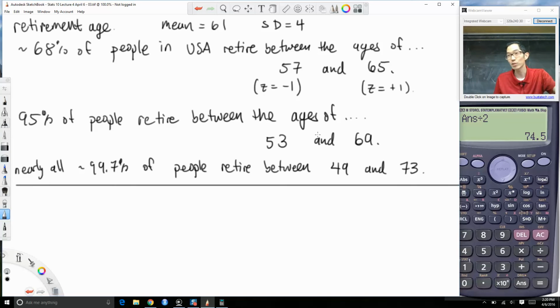Because we expect only what percent of data to have z-scores greater than 2 or less than -2? Only about 5%, right? Okay, so what is unusual?